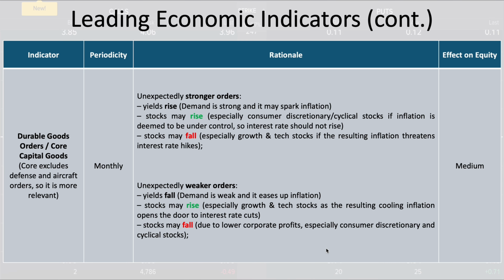Yields fall, and stocks may rise if it opens the door for future interest rate cuts, but stocks may also fall if inflation is deemed as already in a good place or slightly higher, and because nothing can be done in terms of interest rate cuts, stocks may still fall because of lower corporate profits.